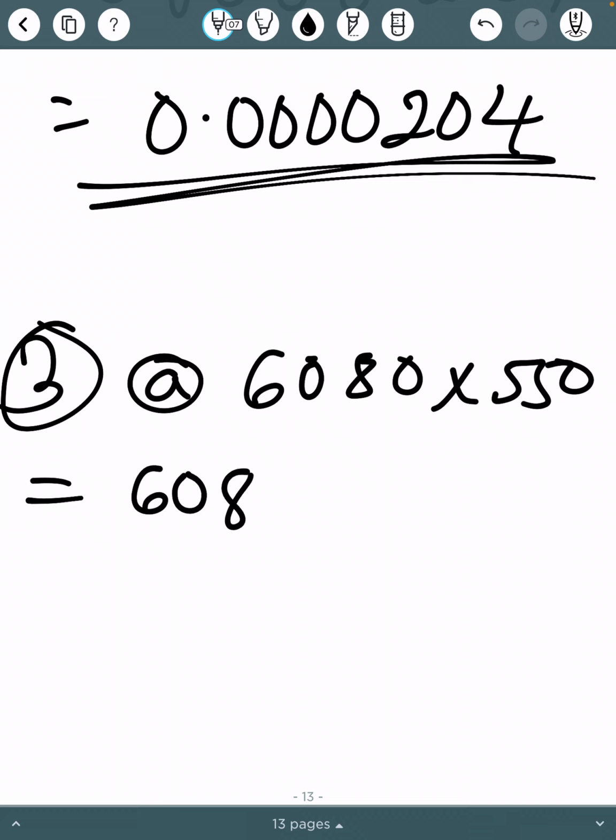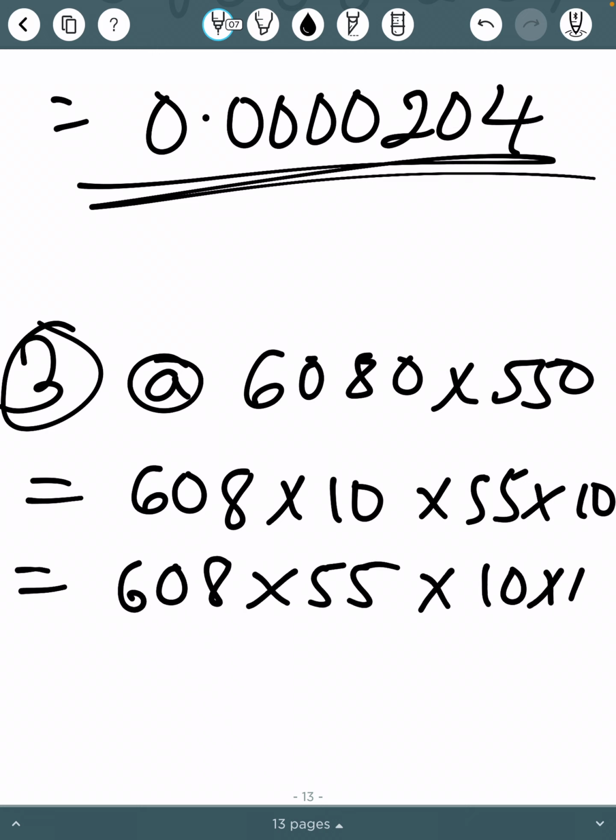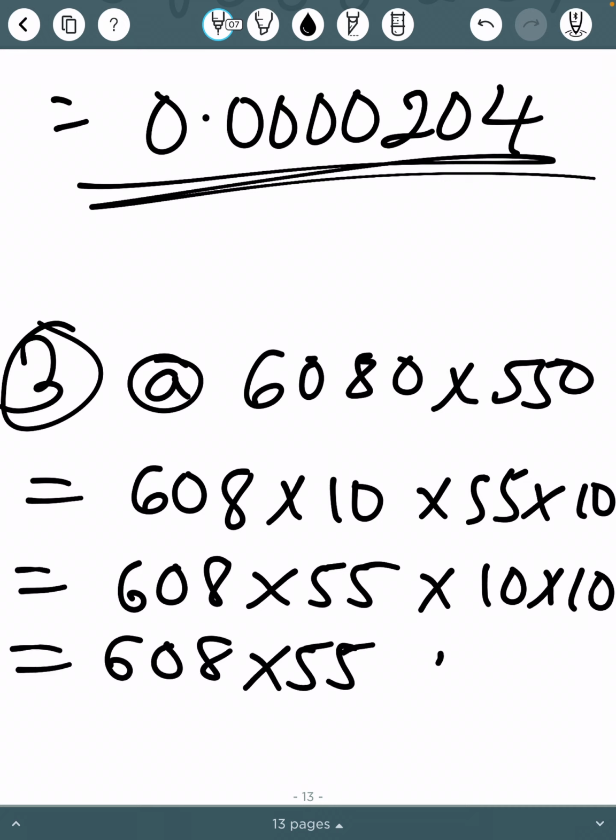Let me change 6080 to 608 times 10 and change 550 to 55 times 10. So if I rearrange, I will have 608 times 55 times 10 times 10. That will give me 608 times 55 times 100. What is 608 times 55?